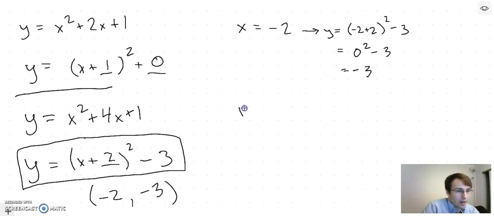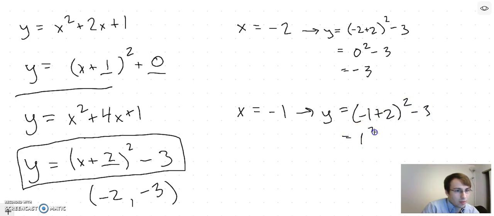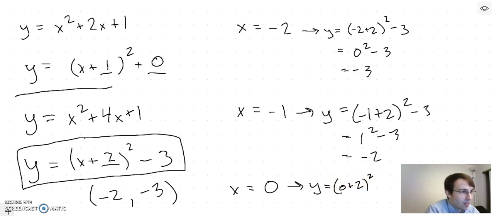When x is -1, we have y equals -1 plus 2 squared minus 3 equals 1 squared minus 3 equals -2. When x is 0, we have y equals, running out of room here, 0 plus 2 squared, actually, no, we don't need to do that one.